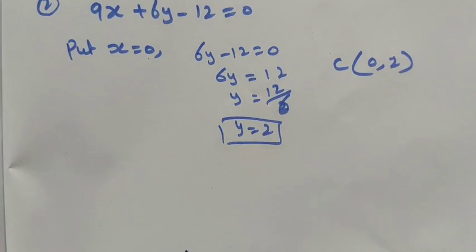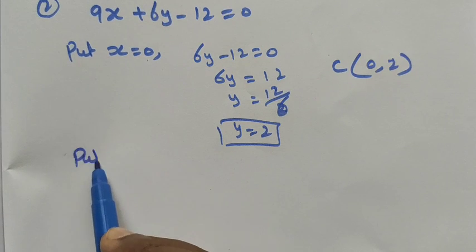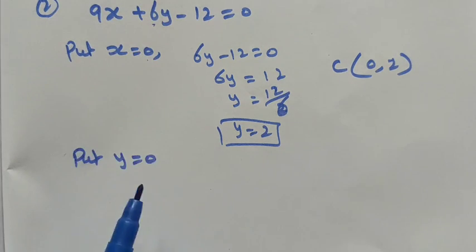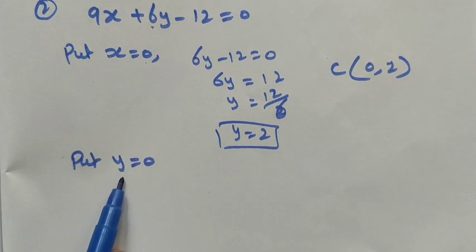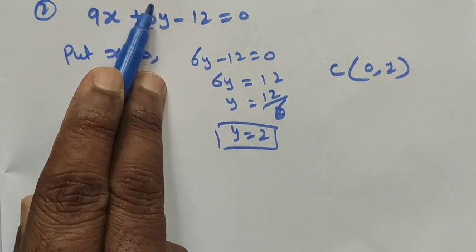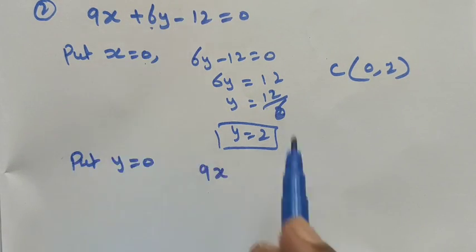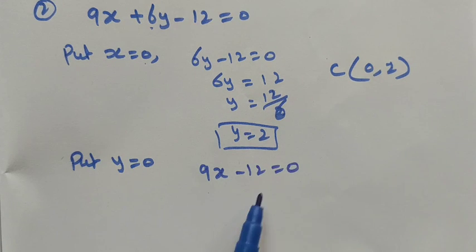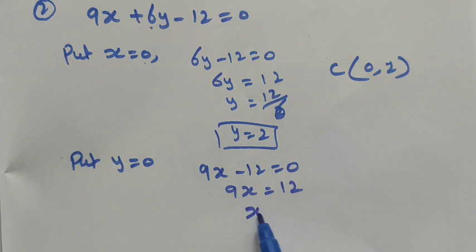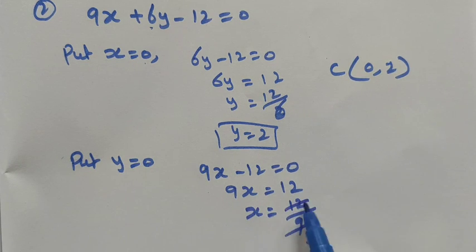Now put y is equal to 0 in the same equation. First one was x equal to 0, now y is equal to 0. If you apply y is equal to 0, we get 9x, the whole term becomes 0, minus 12 equal to 0. If you take this 12 to the other side, we get 9x is equal to plus 12. Then we need the x value only. 12 divided by 9, 3 3s are 9.